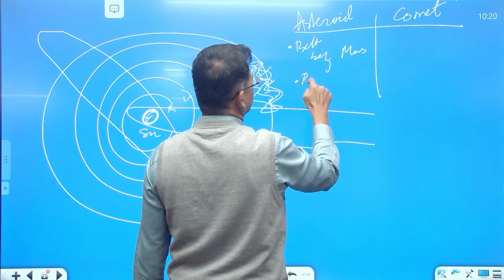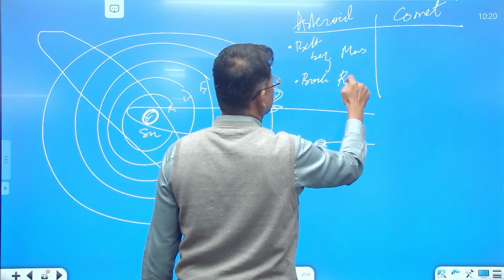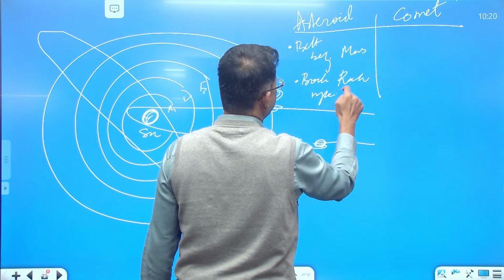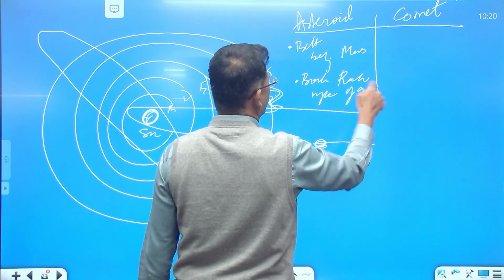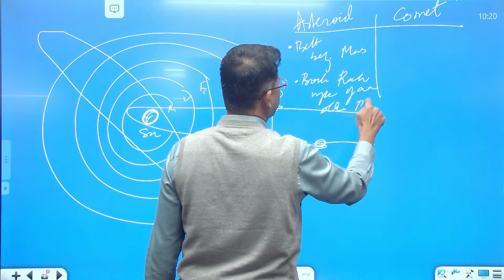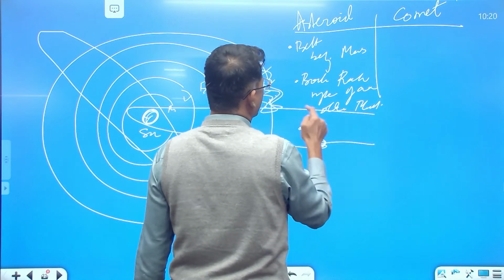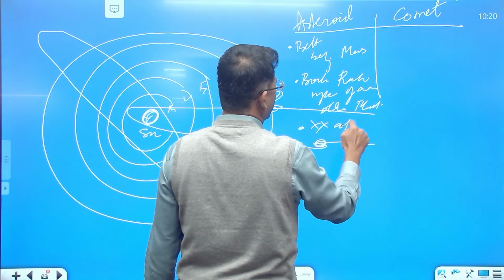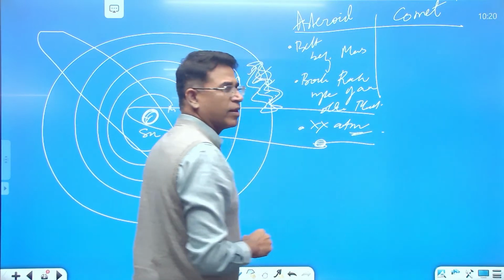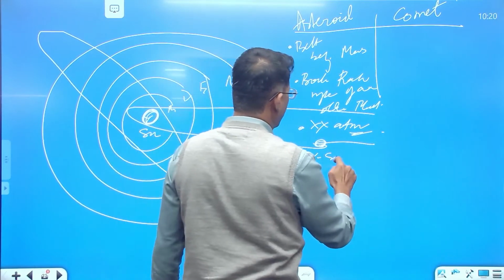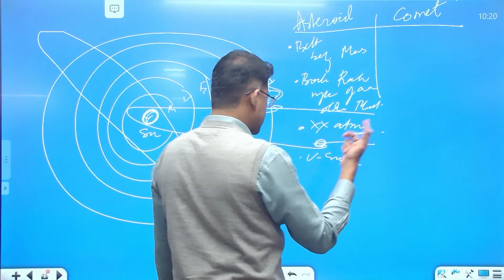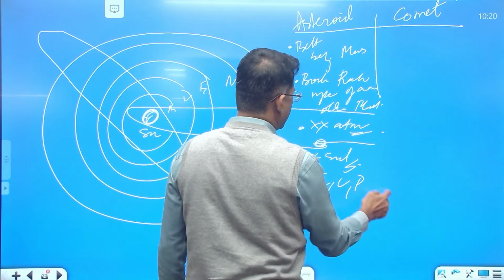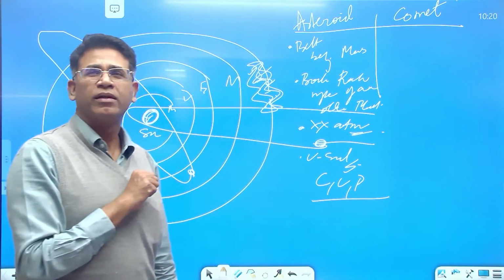Asteroids are broken rocks, maybe of an older planet. They do not have atmosphere. And most of them are very small, except for Ceres, Vesta and Pallas. ये थोड़े बड़े हैं. ठीक है.